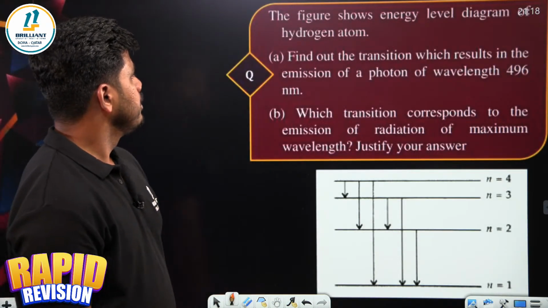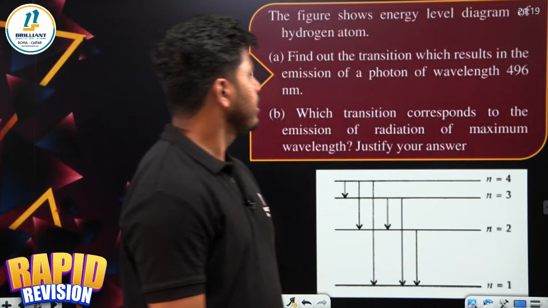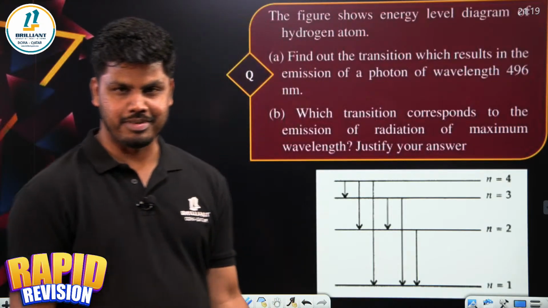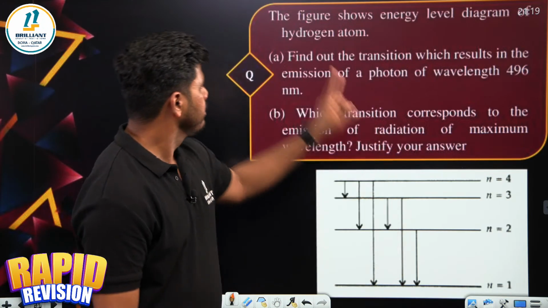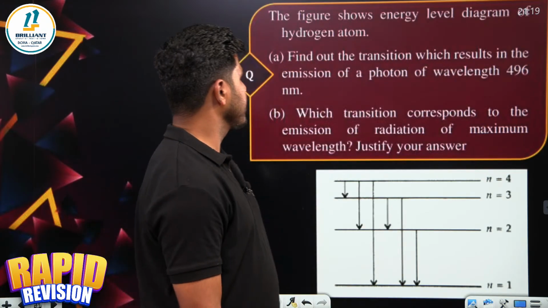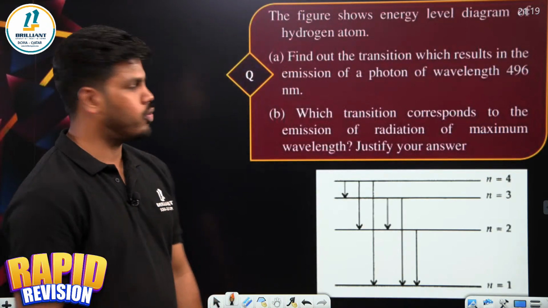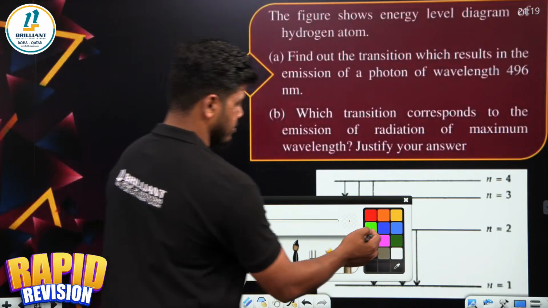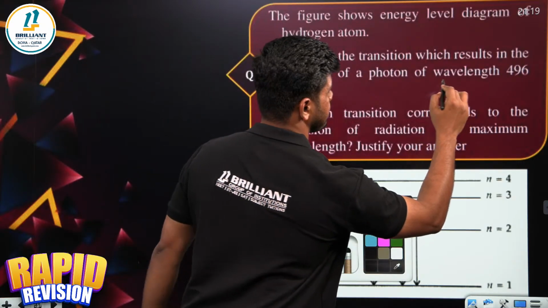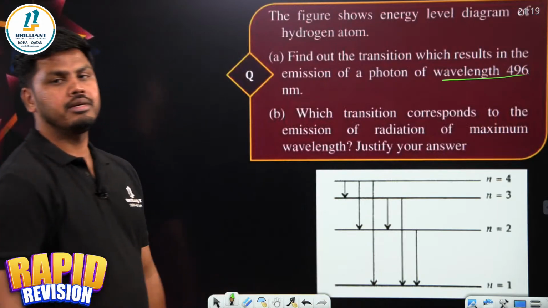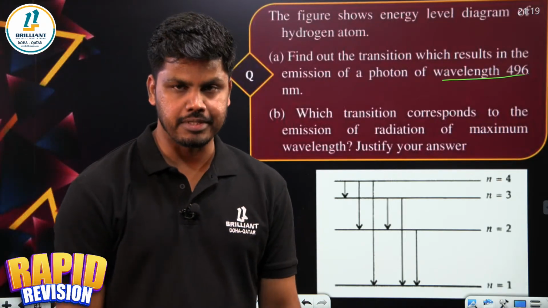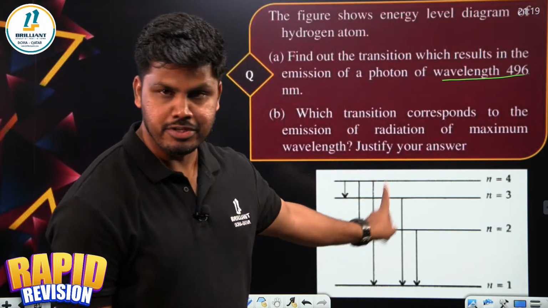And look at this. The figure shows the energy level diagram of the hydrogen atom, specifically for the hydrogen atom. Find out the transition which results in the emission of a photon of wavelength 496 nanometer. You are asked to identify in which transition this much wavelength radiation is emitted. Emissions are given there.